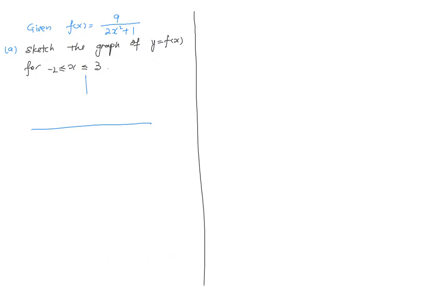Can someone tell me your graph on the paper? This one should be higher, I'm wrong. When x equal to -2, yeah, someone has given me, okay.